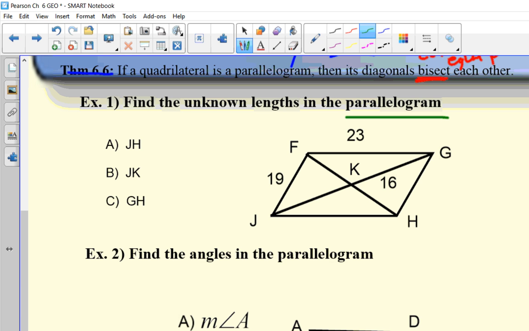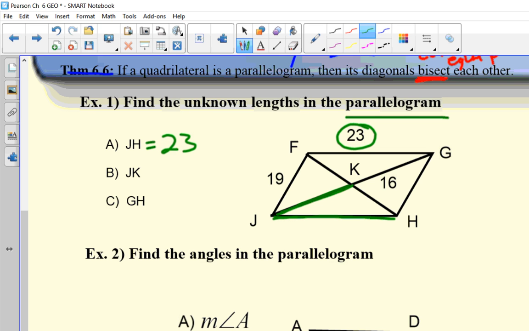So JH is the bottom, okay? And I believe that it's an opposite side of FG, and they tell me that FG is 23. In a parallelogram, opposite sides are congruent, so JH should equal 23. Okay? So you gotta know our rules. JK is this. Okay?